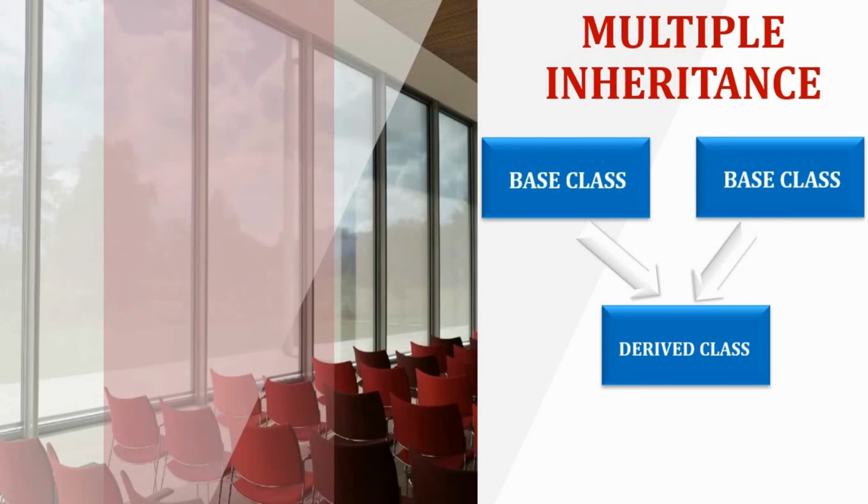Milk, sugar, chocolates are the key ingredients for preparing ice cream. So if we are having classes like class Milk, class Water, class Sugar and class Chocolates, we can have a derived class IceCream by inheriting the IceCream class from all of these four classes. This kind of scenario is known as multiple inheritance, right?